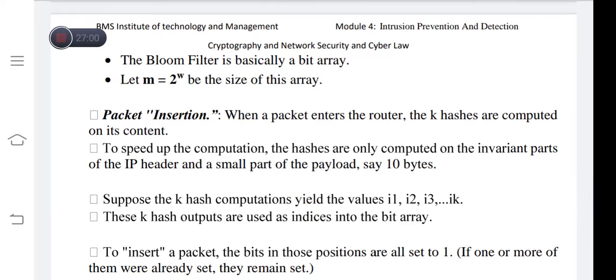So when a packet enters the router, the k hashes are computed on its content, on the packet content. To speed up the computation, the hashes are computed on the invariant parts of the IP header and a small part of the payload, which is 10 bytes.